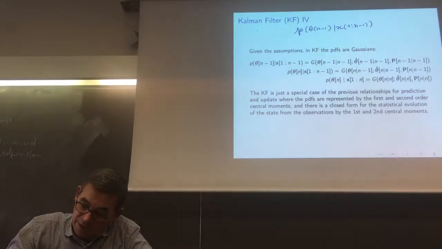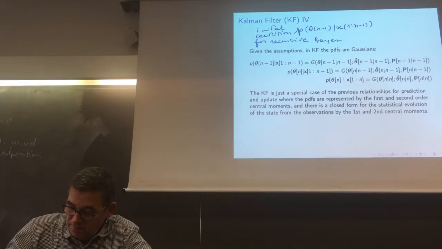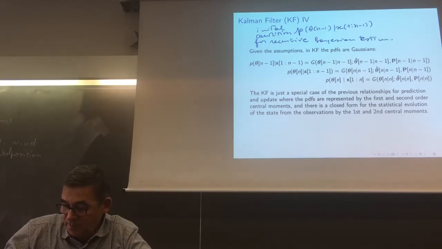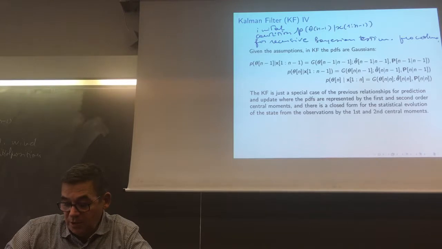This is the initial condition for the recursive Bayesian tracking estimation procedure. This is what we need. So we assume that we know that.